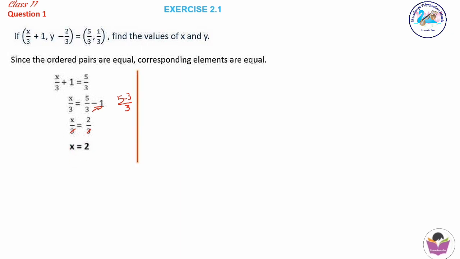Next we will calculate y. That is, y minus 2/3, the second element, will be equal to the second element on the right, that is 1/3, because the corresponding elements are equal. So from here we can calculate y.